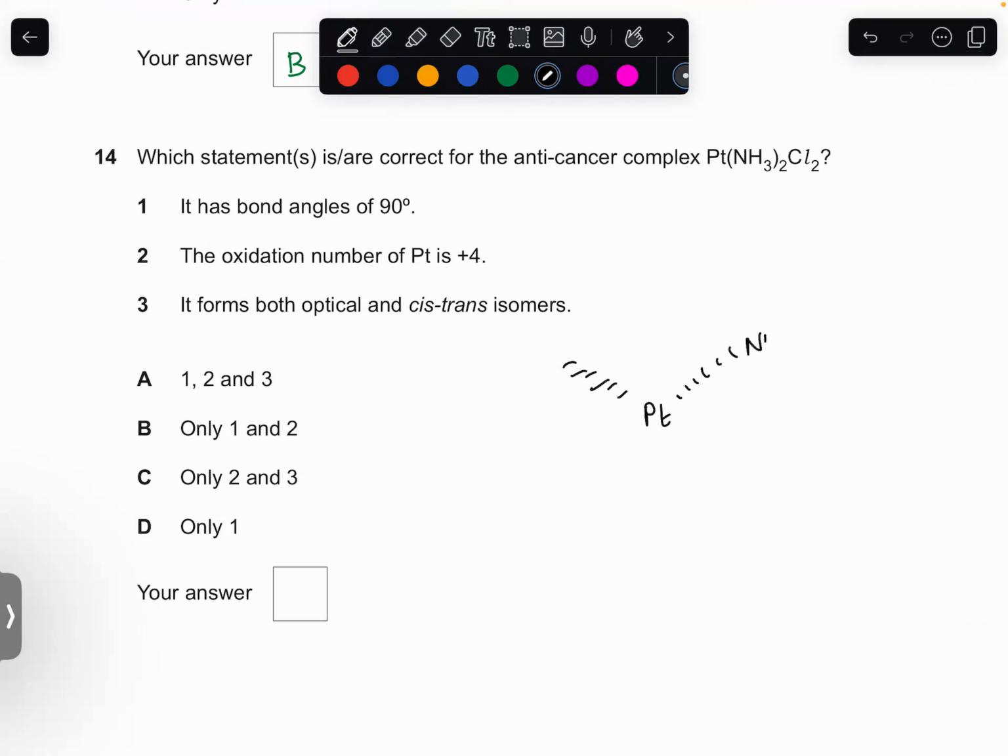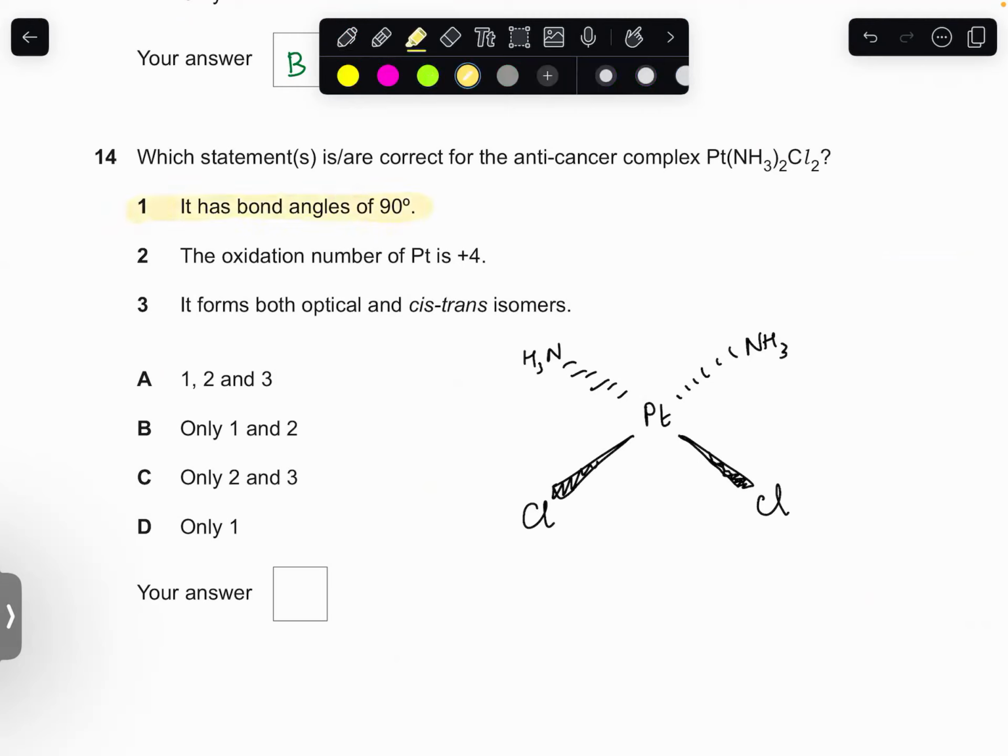Let's put the ammonias at the back. And then you've got the bold bonds of the chloride. It's a square planar complex. Bond angles are 90 degrees. Yes, they are. It's a square planar.